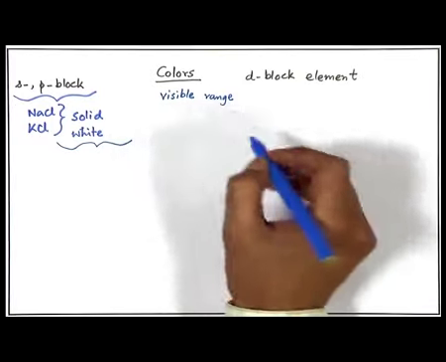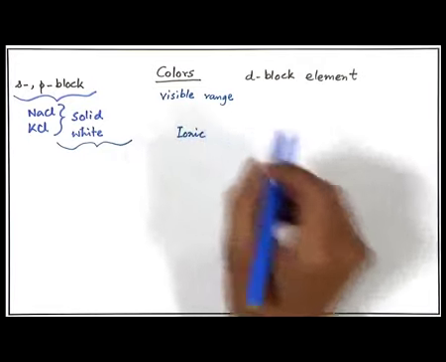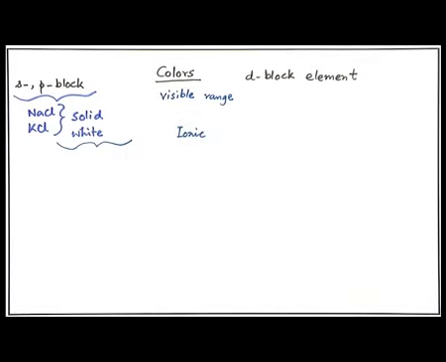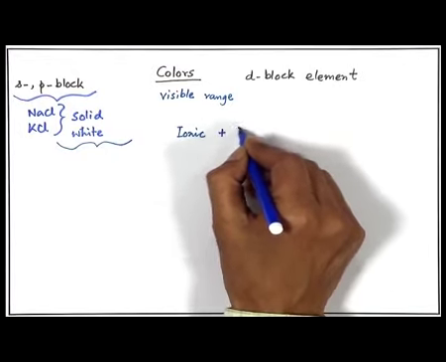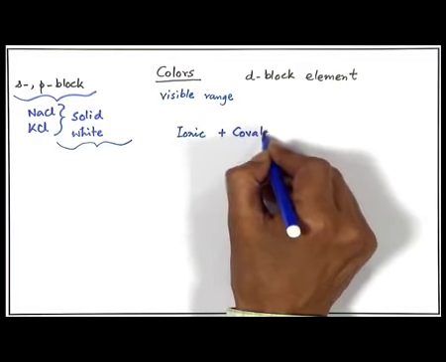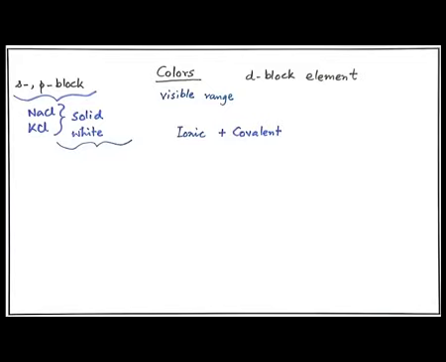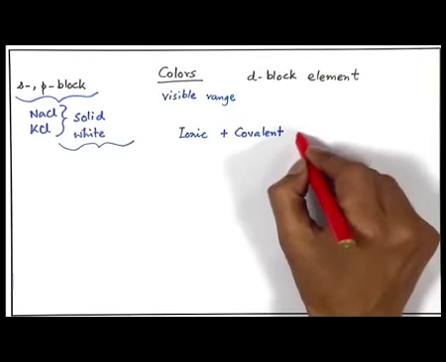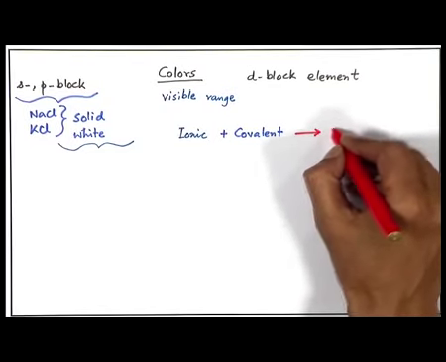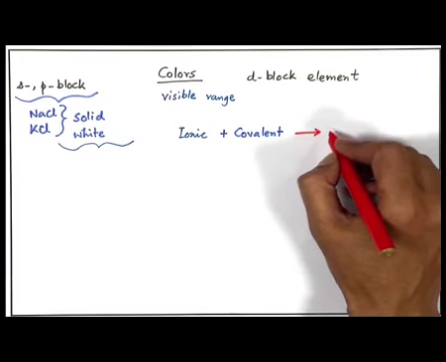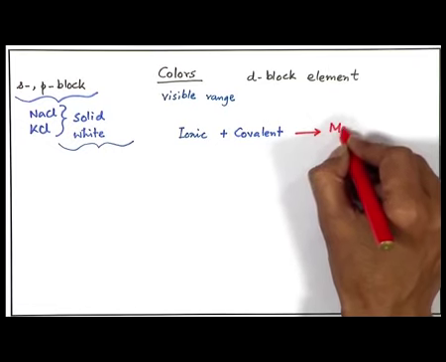Most of these compounds are ionic compounds, as we will see afterwards for the different metal complexes, and some of them are covalent compounds. These can also give rise to several inorganic materials, oxide based or sulfide based, because all the minerals and ores we know are good materials to handle.